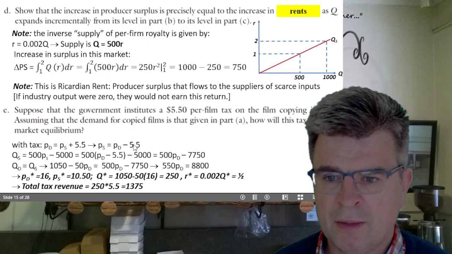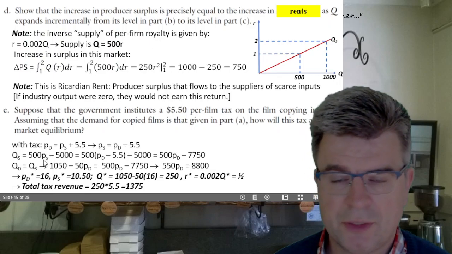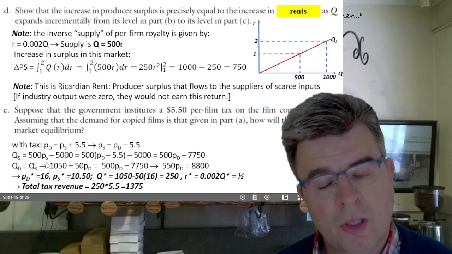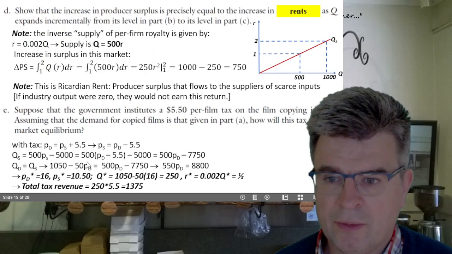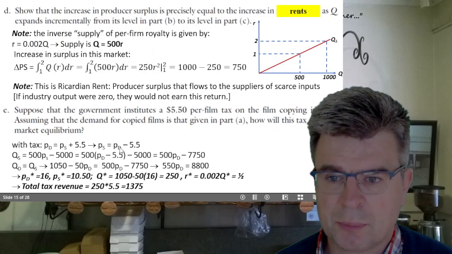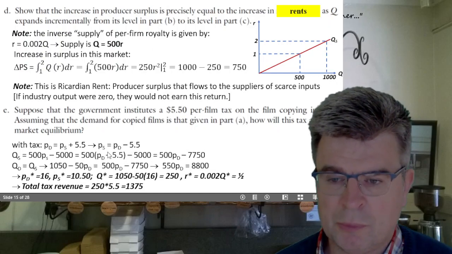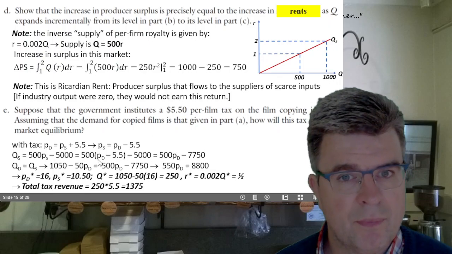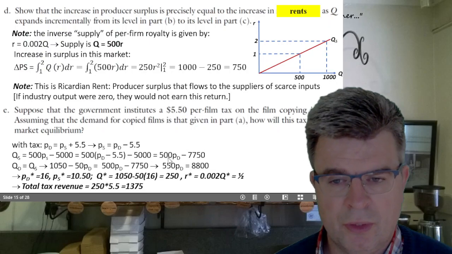So we can rewrite it like this. We have a supply function which is a function of the price that the suppliers receive, PS. We replace the PS with the expression that we have over here, and then we have an expression in terms of the price that the consumers pay, and we can equate this one to the demand function.